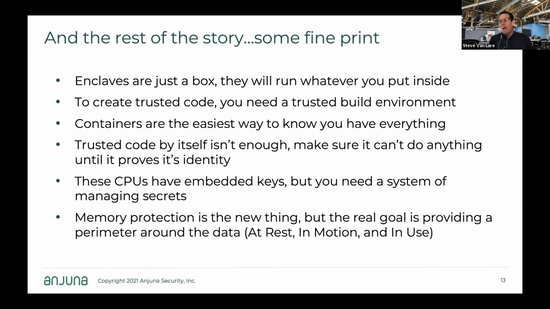What you put into that box to go run, you want to then be a trusted piece of code, which means you need to create a trusted piece of code, and you need to know what code you created and have a way to measure it and deal with it all the way back at the build environment in terms of what you're putting together. I'll talk about this a little bit more in a moment, but your build system definitely needs to factor into what is your security and how you take advantage of enclaves.